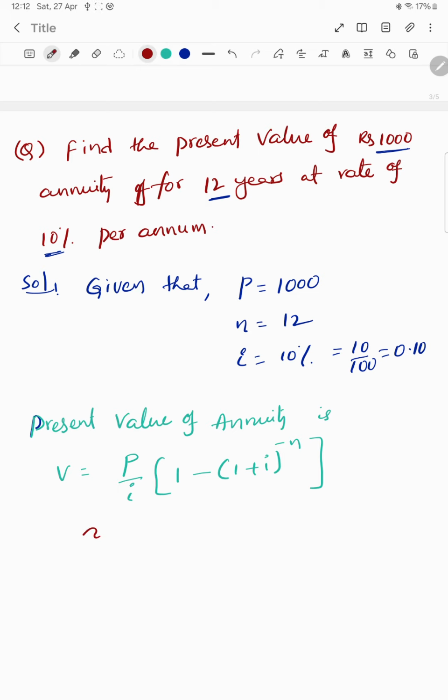Now let's substitute all the values in this formula. This implies P is 1000 divided by I, that is 0.10, into 1 minus 1 plus I, that is 0.10, to the power of minus N, that is 12 years, brackets close.